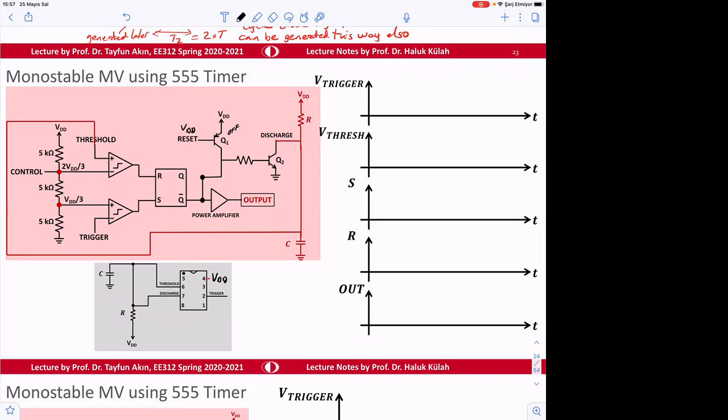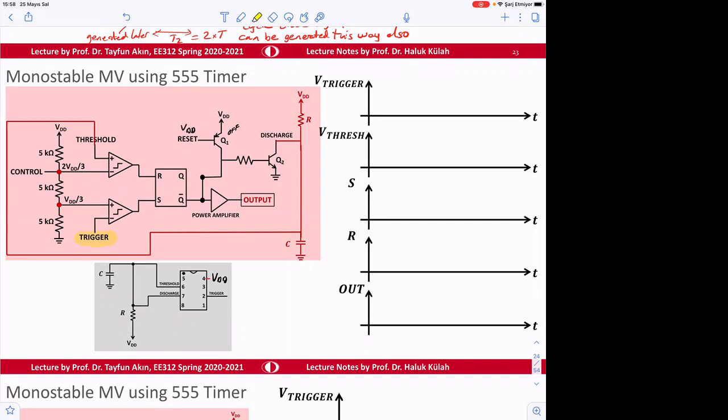And what we can do is, instead of putting 2 resistors, remember there used to be one other resistor here. That resistor we eliminate. We don't need to put that externally, but also the threshold in the previous one was connected to trigger. Now we don't want to do that. Threshold is separate, trigger is separate, okay?